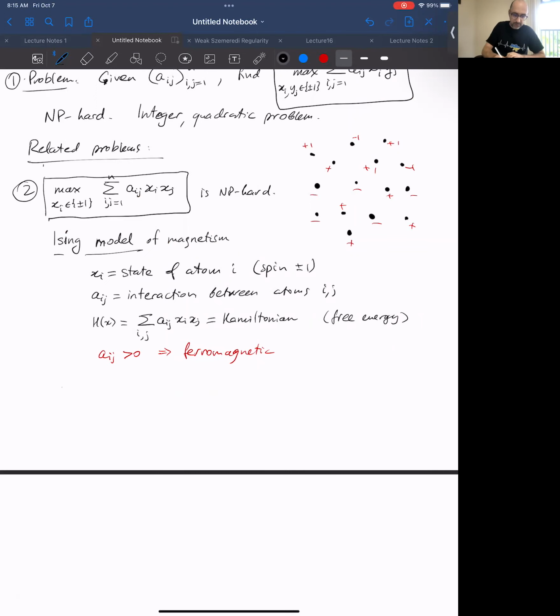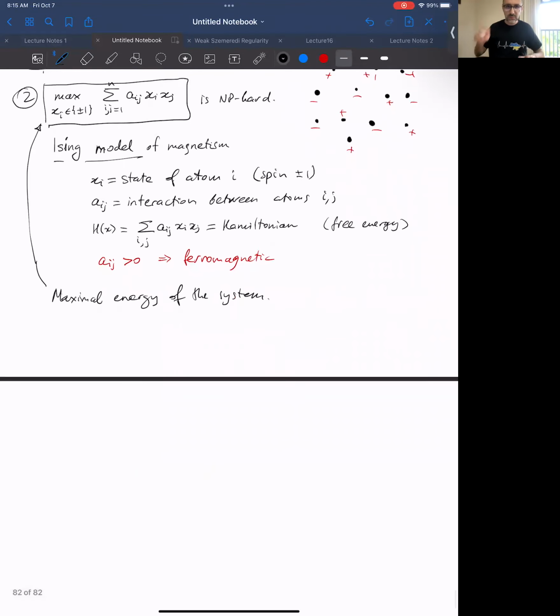And the maximization problem here is to find the maximal possible energy of the system. What configuration of spins gives maximal energy? Good. Okay, that's one. That's physics.